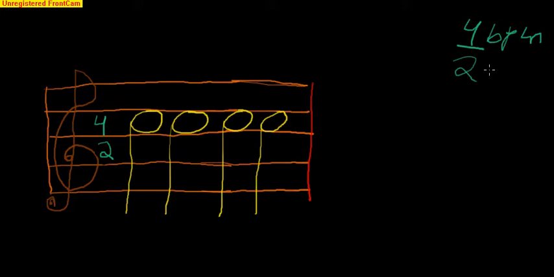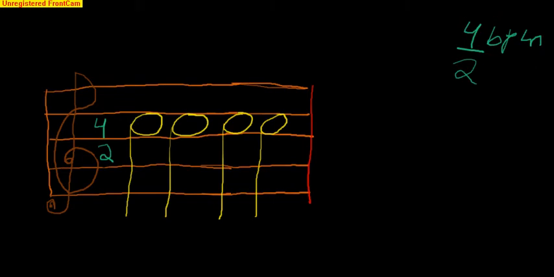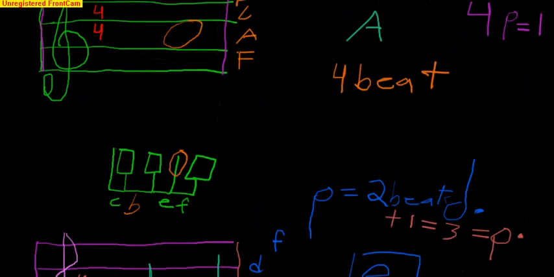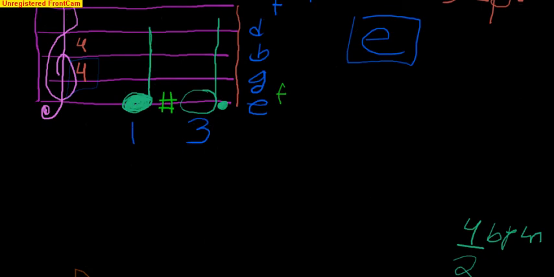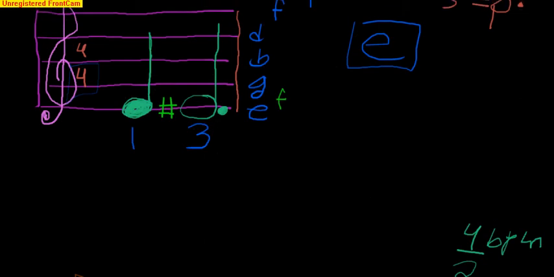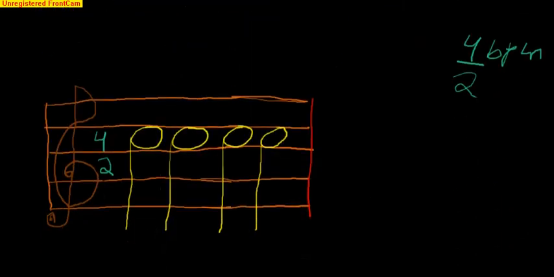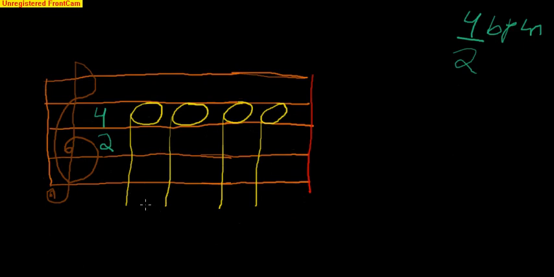Okay? So this is the one that's sort of tricky. Adding up to 4 isn't too bad, but then a half note getting a beat, what does that mean? Rather than a half note getting 2 beats up here, a quarter note got a beat. Now on this one, a half note gets a beat. So each one of these is 1.